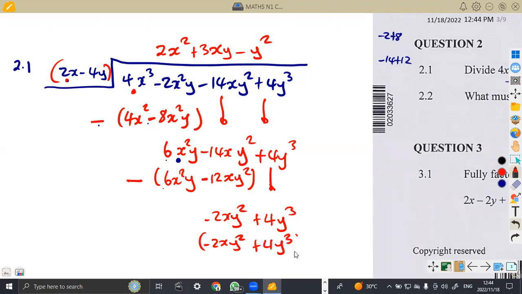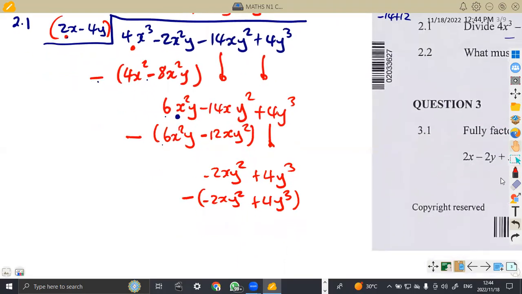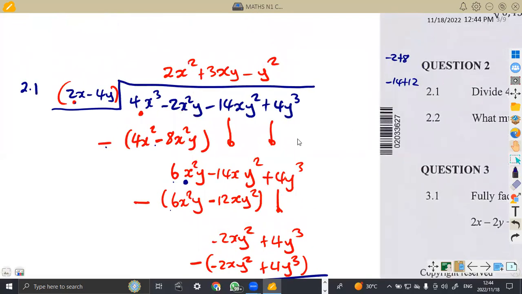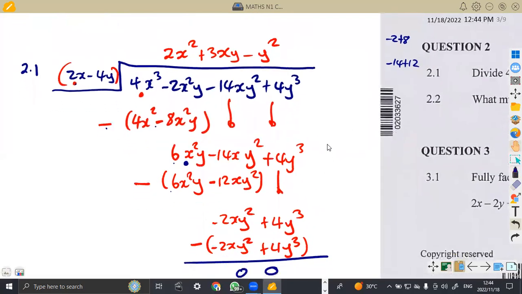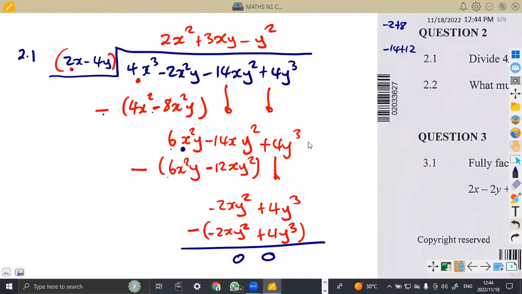These two are the same, so when we subtract we obtain 0. That was the long division we were supposed to apply.